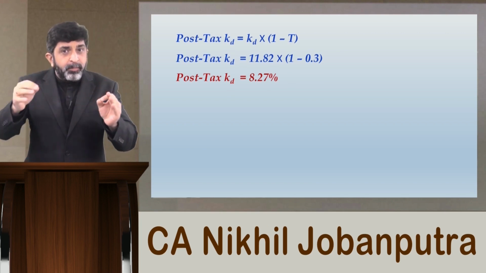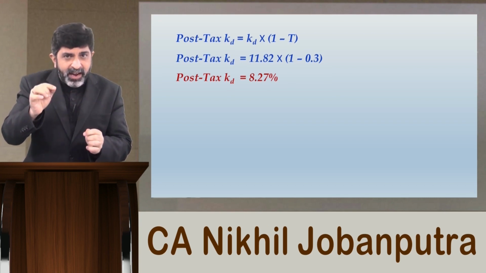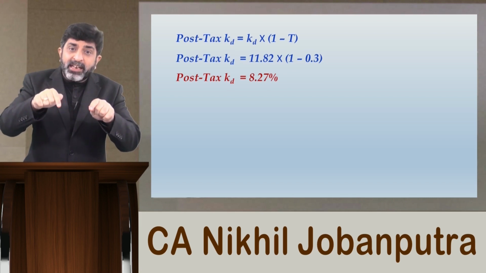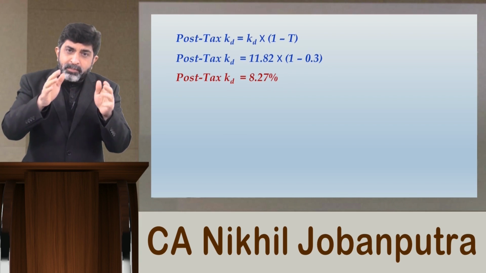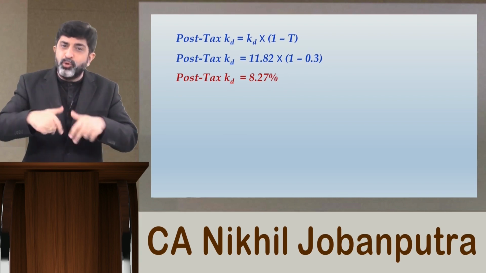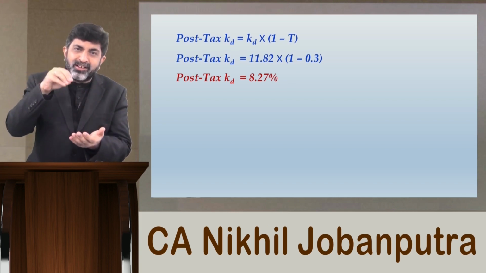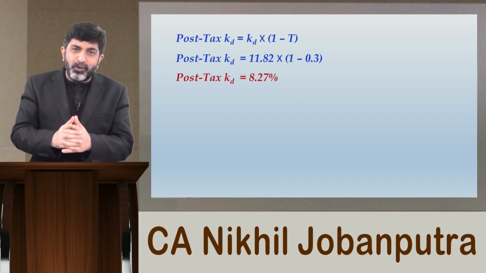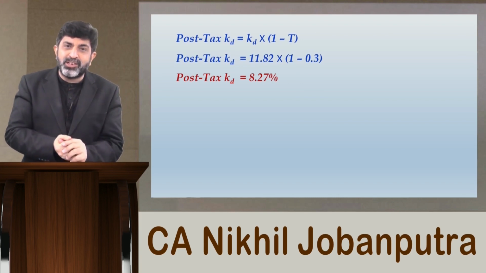I am not saying 100% in all cases, but 99.9% you will find that when you are getting 11.82 as pre-tax cost of debt, your YTM of that bond will be between 11 and 12%. So you know at what rates you have to try out to arrive at the correct calculation. So this is the only advantage of this approximation method.